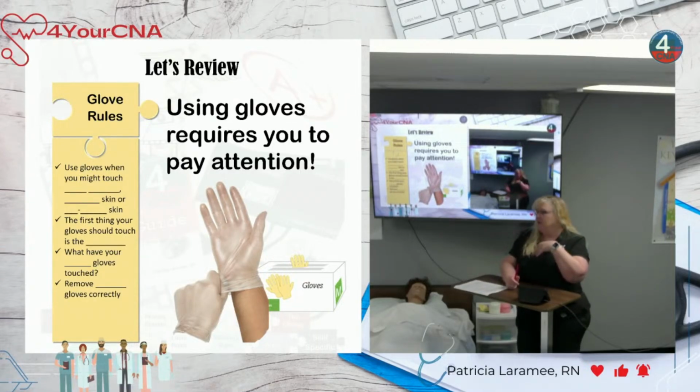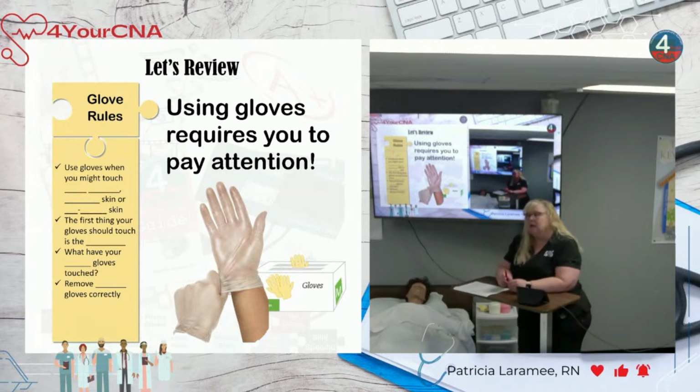She has no non-intact skin, but do I need gloves? Yes. Why? Personal skin. Personal skin, that's right. So this is more for their comfort, right? We are strangers. We should not be in personal areas without an extra layer of protection for them. Does that make sense? Yeah.